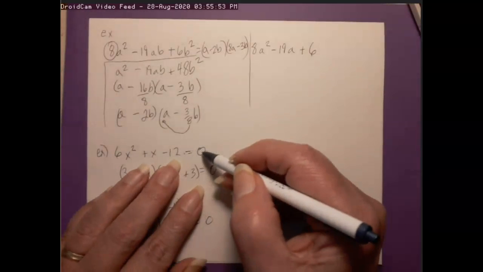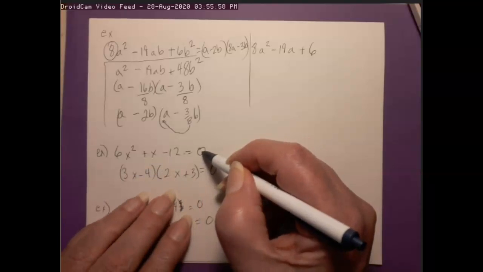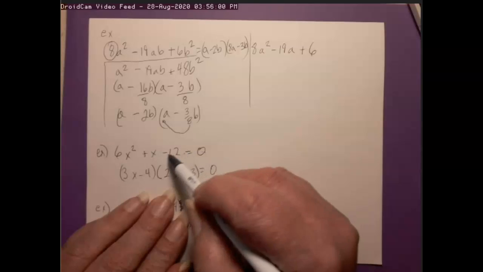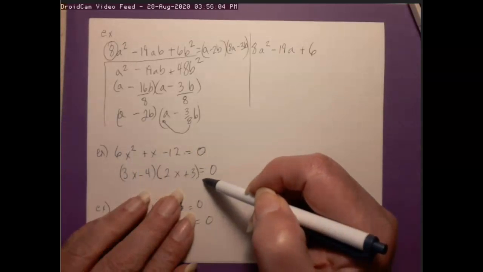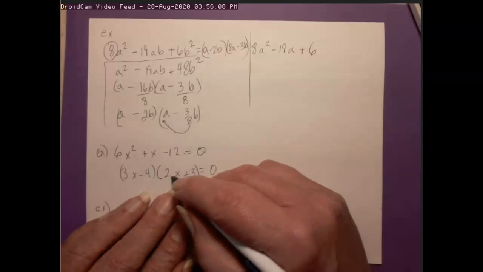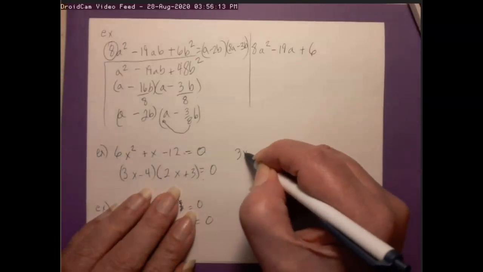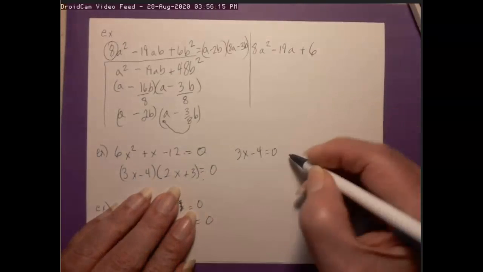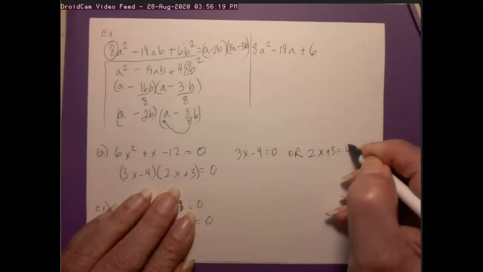If I'd had number 10 looking like this with an equals 0, I'd want to be solving for x. So that means I'd have to factor this, which was factored in a previous example. So we end up with, by the zero product property, we set both of these equal to 0. So we end up with 3x minus 4 equals 0, or 2x plus 3 equals 0.